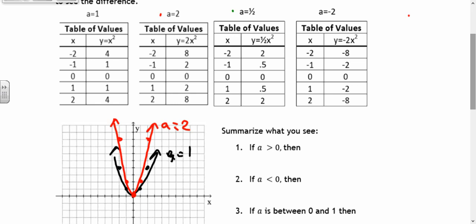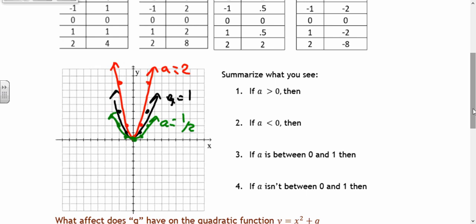So then -2, 2, 1/2, 0, 1/2, 2. We get this little squat looking graph. a is equal to 1/2. And then if you look at a is equal to -2, I'll do that one in blue. We can see that it's going to be like the red graph, just reflected. So that's -2, -3, -4, -5, -6.